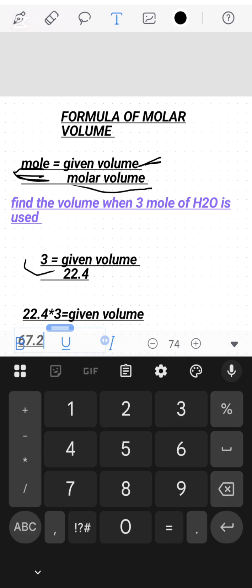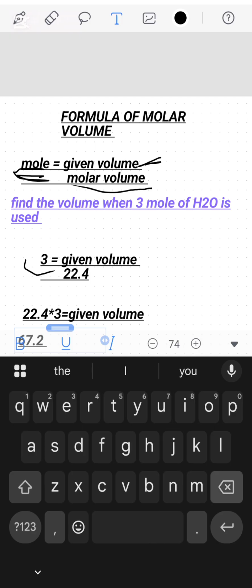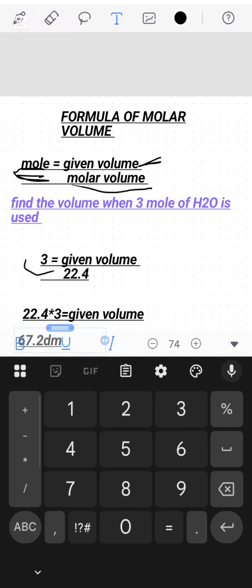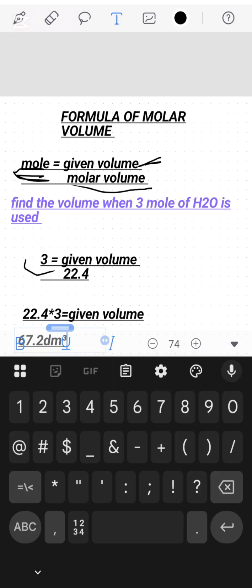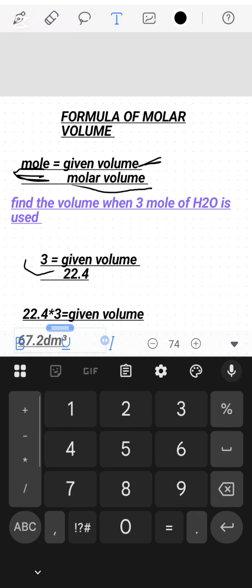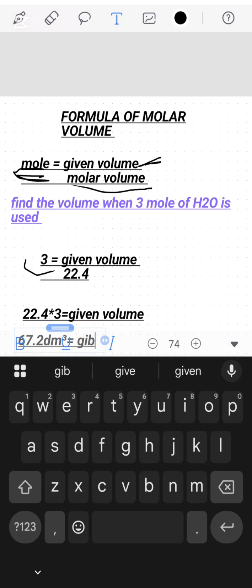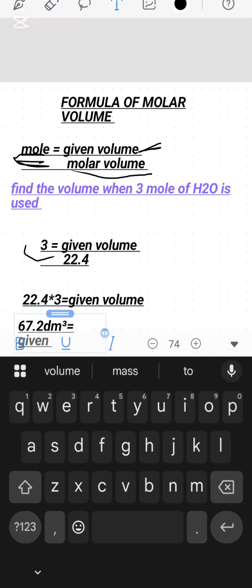It would be around 67.2. And as I said, the unit will be decimeter cube, so it will be dm cube, equal to the given volume.